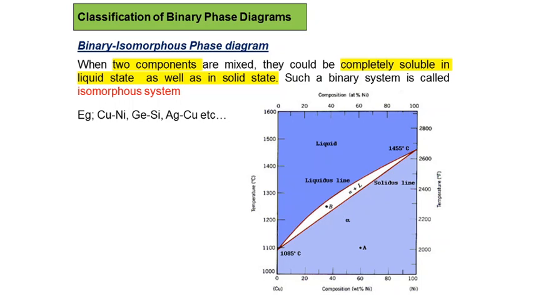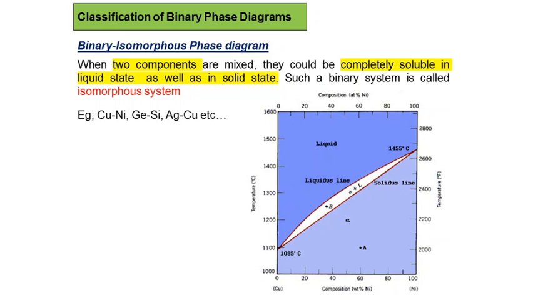We cannot separate these two once it is mixed in the molten state, and once it is solidified, when it is converted from its solidification temperature to room temperature, it can again retain that mixed condition, or it can again return as a single phase which cannot be separated. That is the meaning. It has the mutual solubility in the solid state as well as in the liquid state.